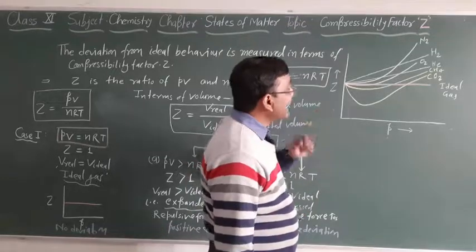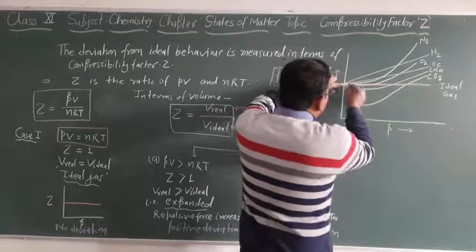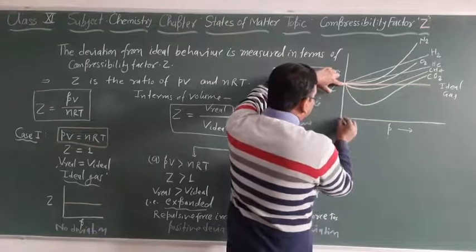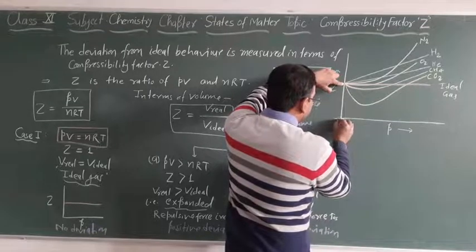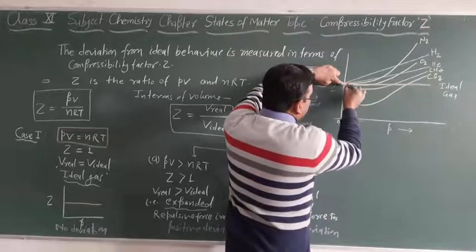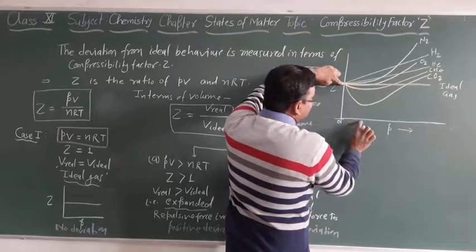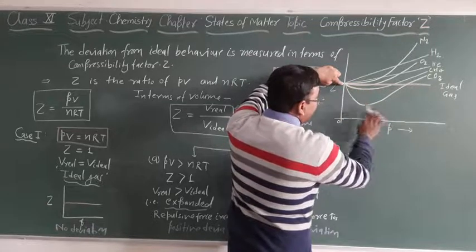Now what can we conclude from this graph? Let us see, the value of P is 0, Z is 0. The value of Z decreases with increasing value of P.